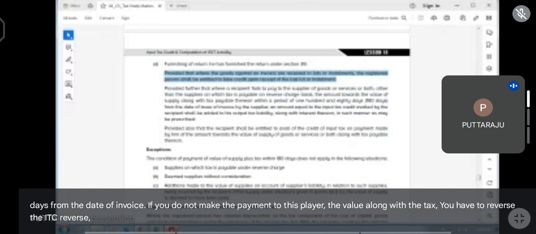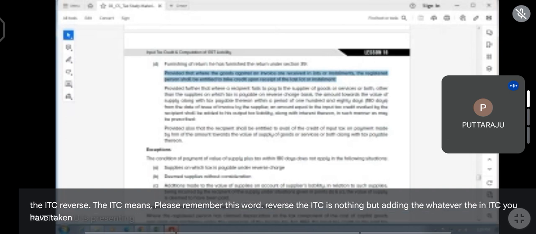Please remember this word, reverse the ITC. Reversal is nothing but adding the ITC you have taken to the output tax.